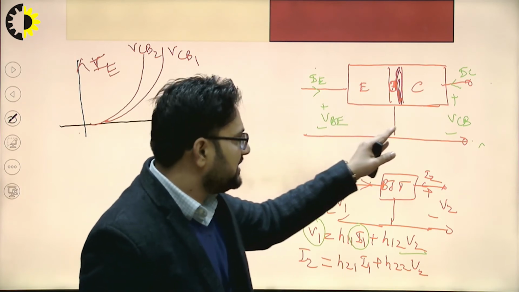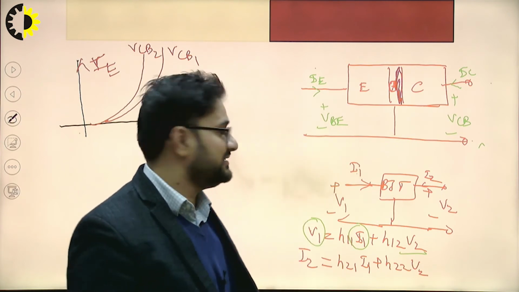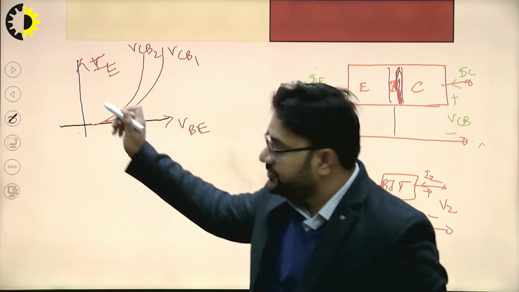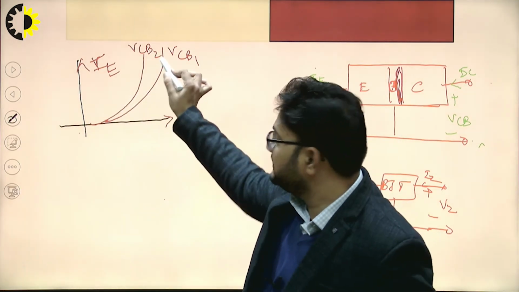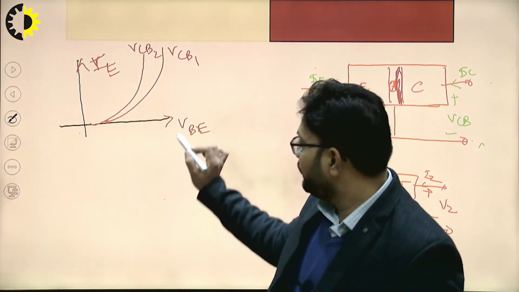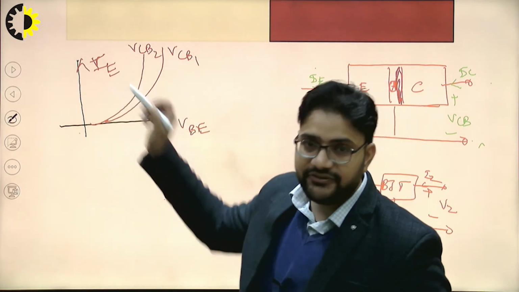The effect of this early effect is that the emitter current increases, that is IE increases. Due to this increase in the VCB value, the value of IE will increase. For a particular value of VB, we will have a larger value of IE. If we see carefully in these characteristics, for a particular value of VB, which VCB value has the larger value of IE?